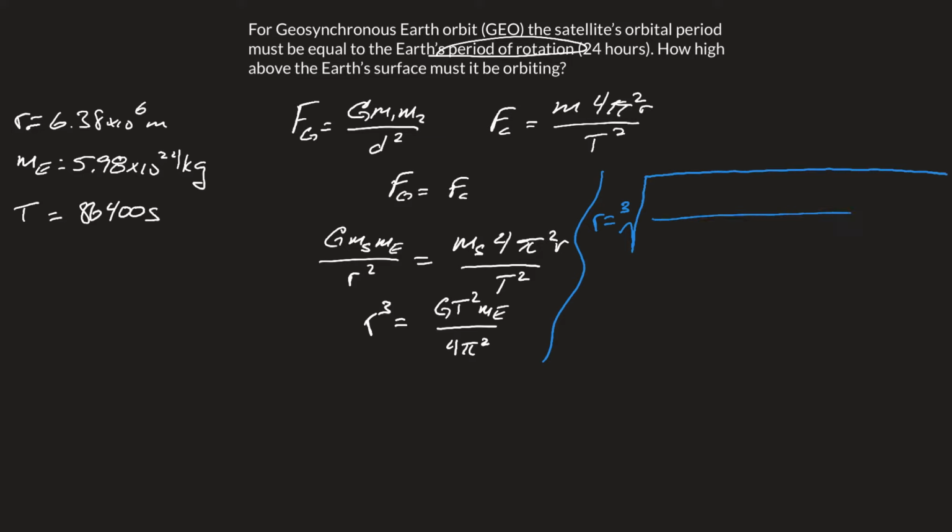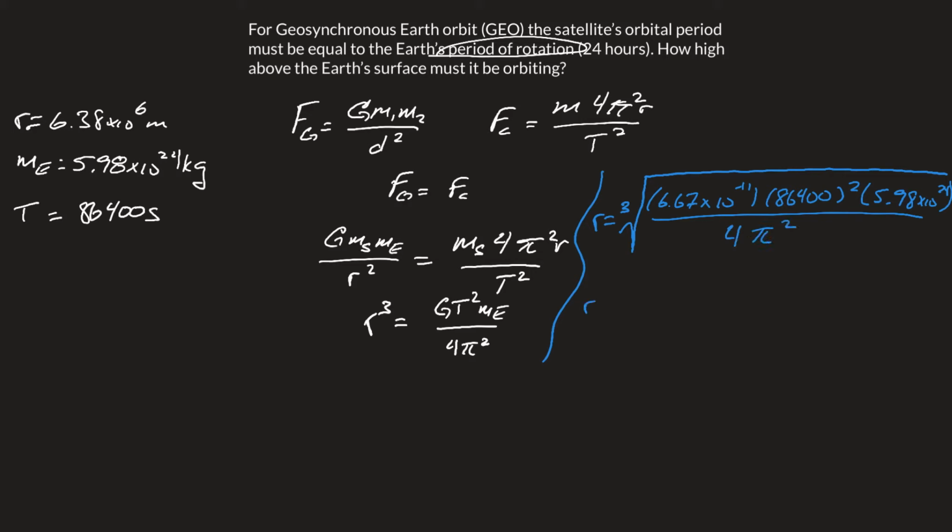What we end up with is a fraction, and I'm going to omit units just so that I can fit everything in here. 6.67 times 10 to the negative 11 times 86,400 squared, times the mass of the Earth, 5.98 times 10 to the 24, all divided by 4 pi squared. That's just a constant.